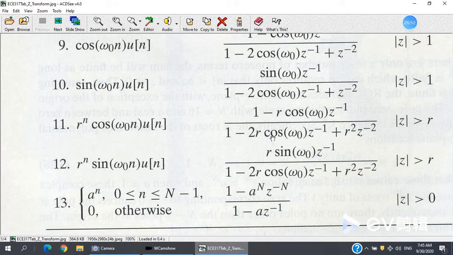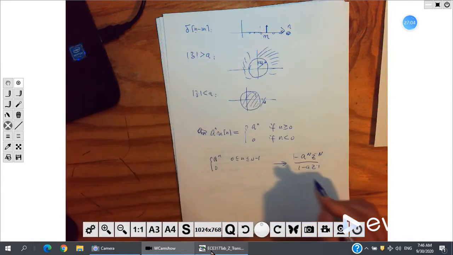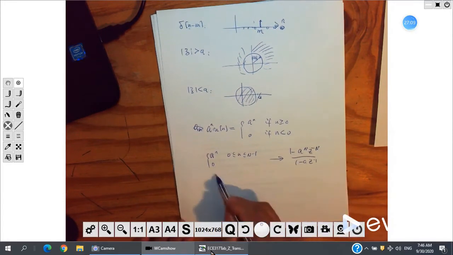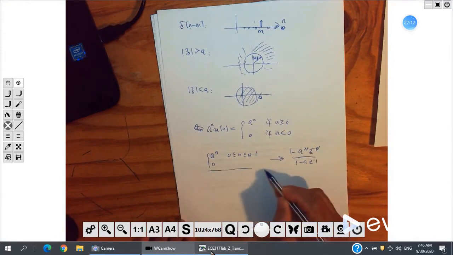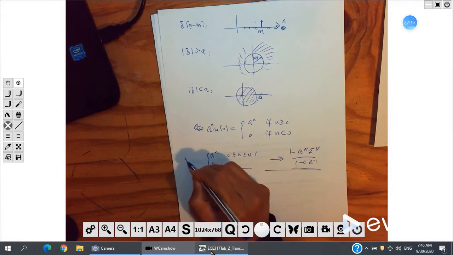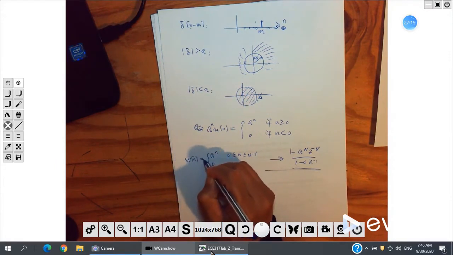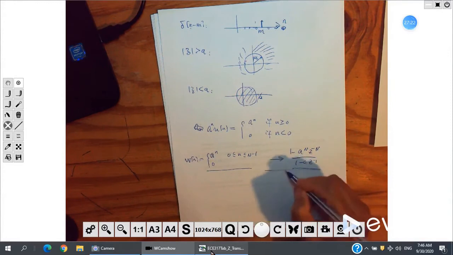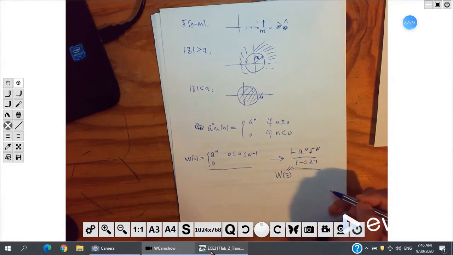And go to that side, it is 1 minus a to the N, z to the negative N, over 1 minus a z to the negative 1. It's here, I copy. For this signal, by z transform, we will have this one. And here, suppose I write this as x of n, w of n. Then capital W of z will be this.